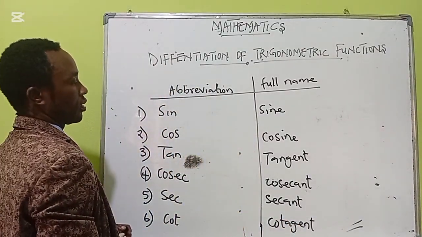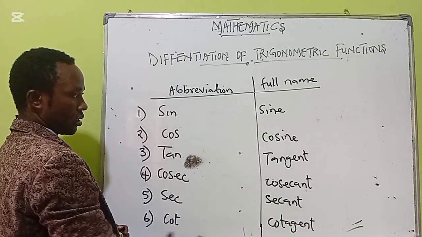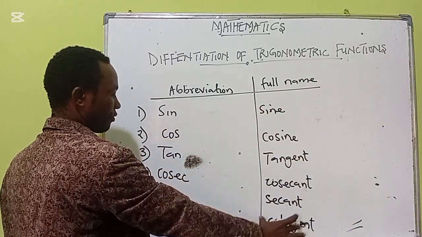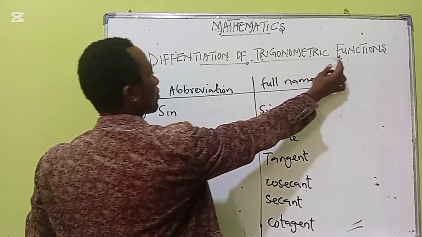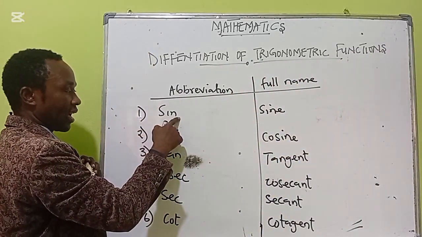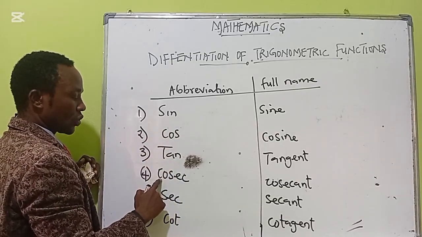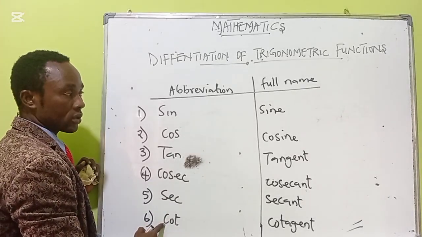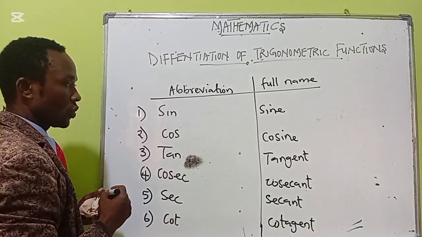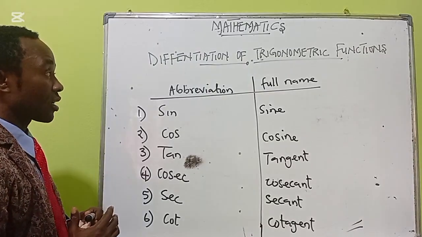So these are the abbreviations, and these are their full names. Under trigonometric functions, we have sine theta, cos theta, tan theta, cosec theta, sec theta, and cot theta. So these are the 6 basic trigonometric functions.